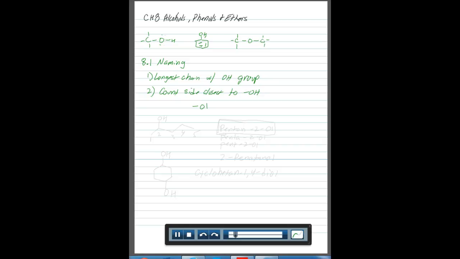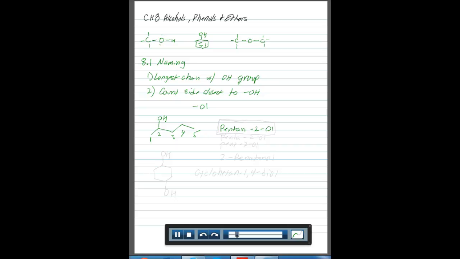You could have more than one functional group, but we're not going to get too complicated with these namings. So basically, you're going to start on the side closest to the OH, which would be the left side. So this is carbon 1, 2, 3, 4, 5. And the naming is kind of like the double bond. You put the number right in the middle of the name and the -ol part of it. So this would be called pentan-2-ol.